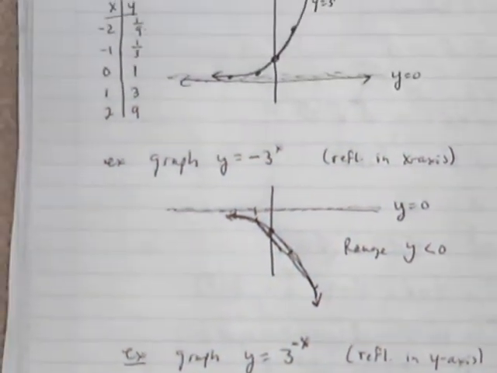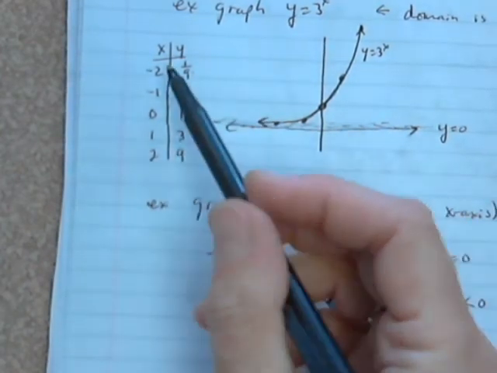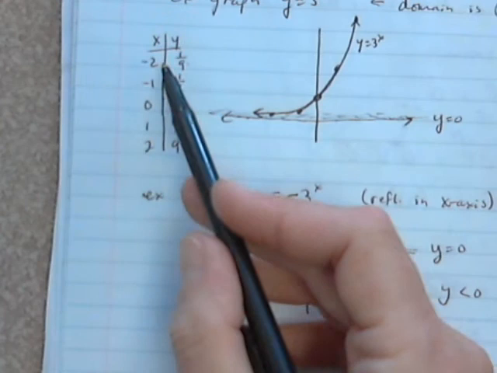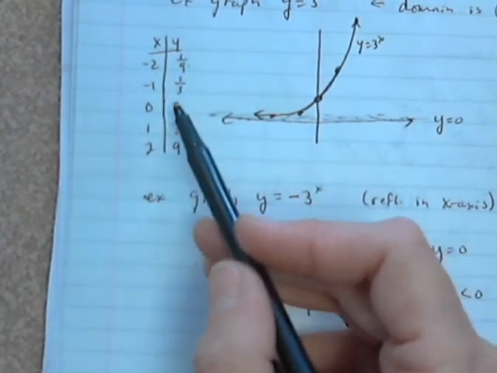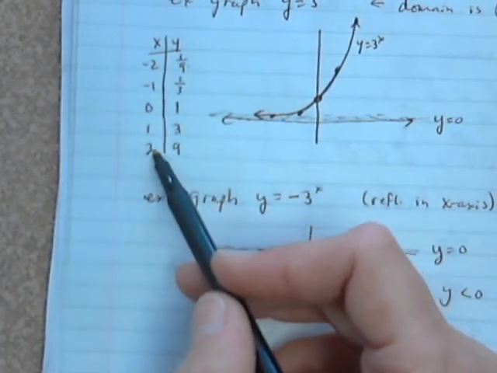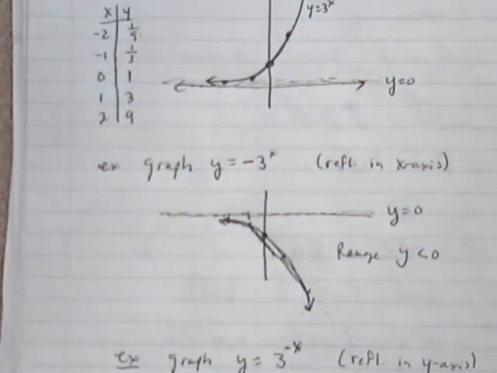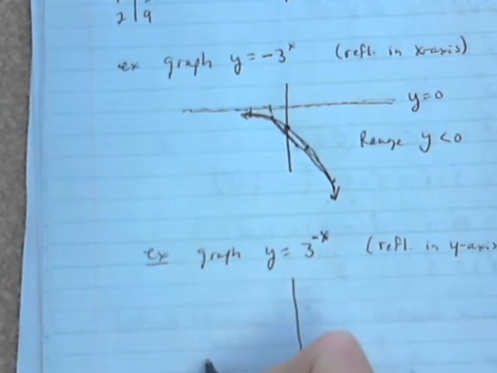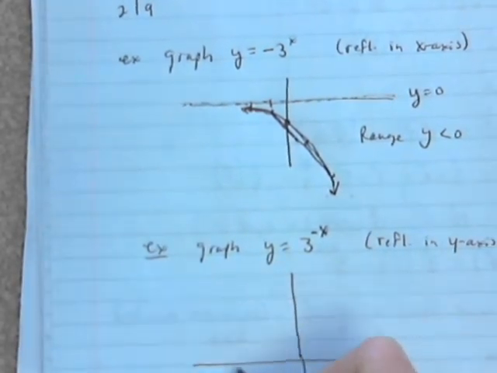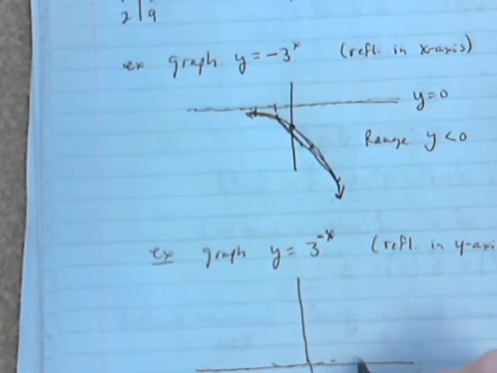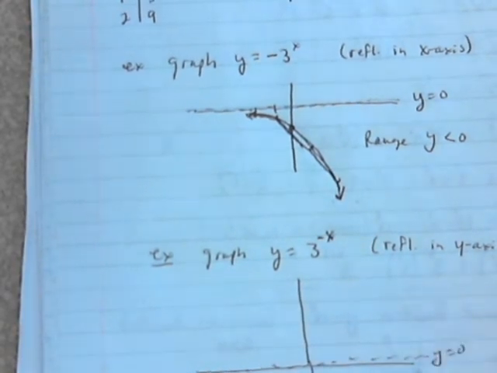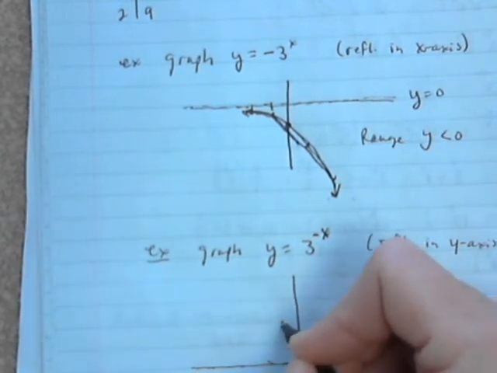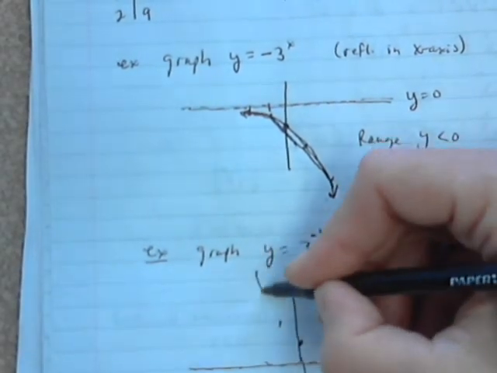So if you take the table of values that we started with and negate all of those x values, you get (2, 1/9), (1, 1/3), (-1, 3), and (-2, 9), which will just reflect our graph in the y-axis. We're still going to have the same asymptote of y = 0, but this time, instead of increasing, this graph is going to be a decreasing graph because it's coming down.